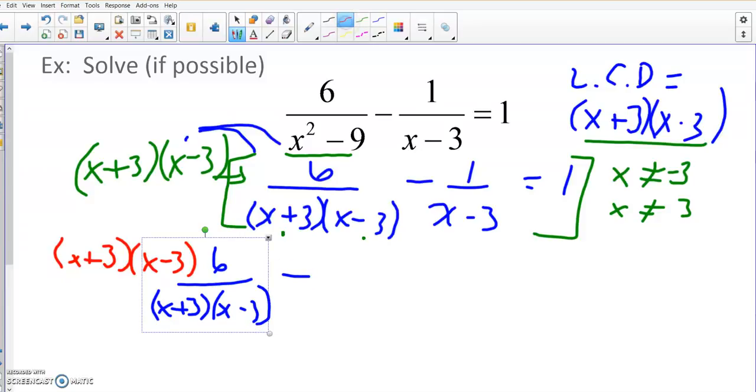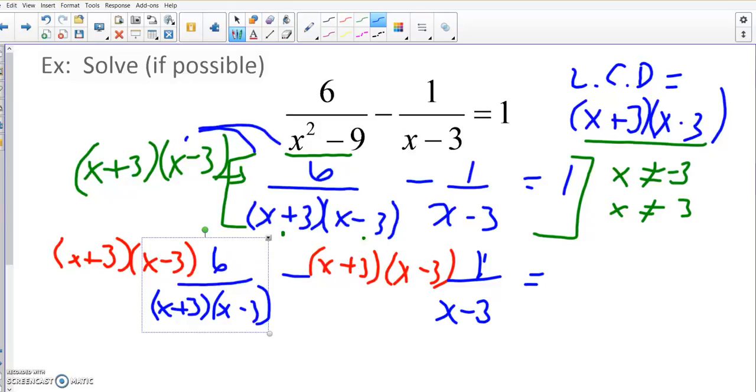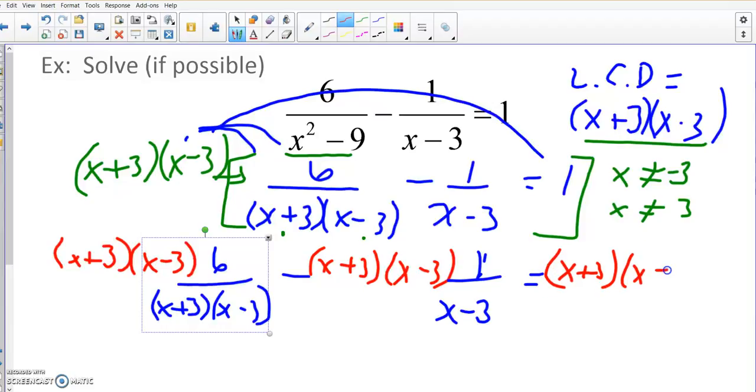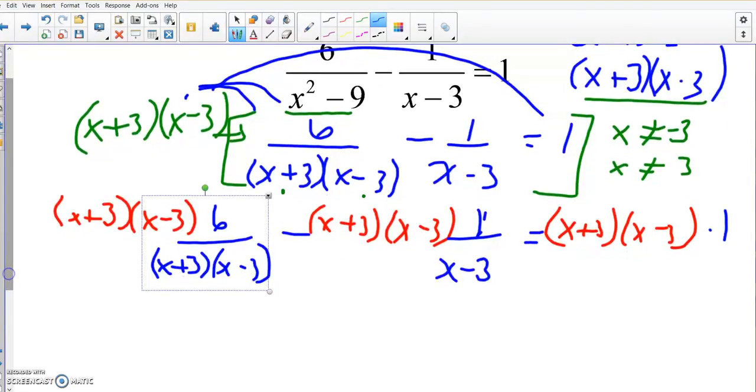Minus, there's the LCD distributed again, times 1 over x minus 3 equals LCD distributed a third time in red, x plus 3, x minus 3 times 1. Okay, so for those that are very visual, you might want to consider writing it out each time so you can physically cross things out.